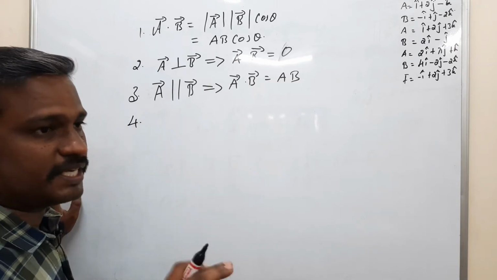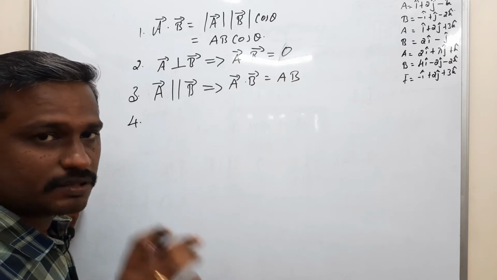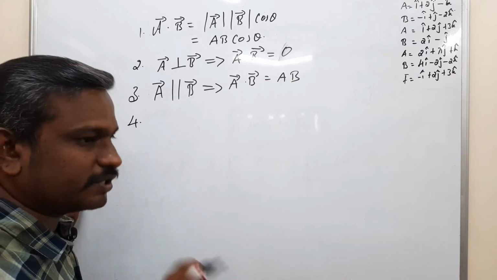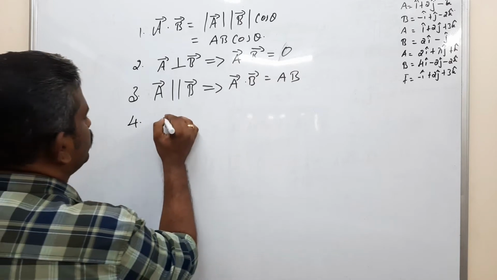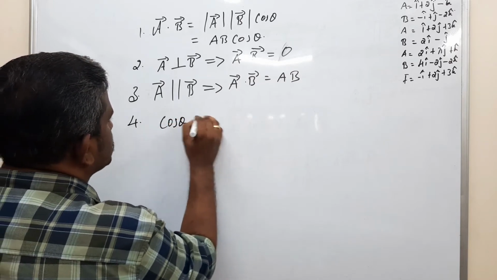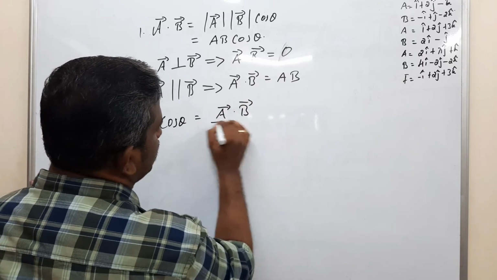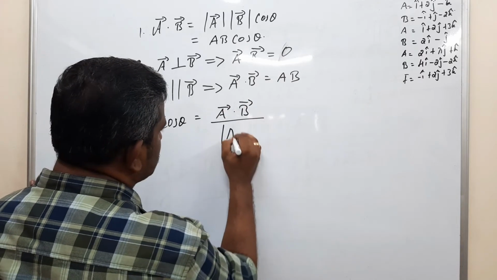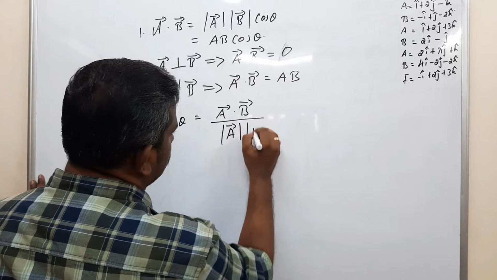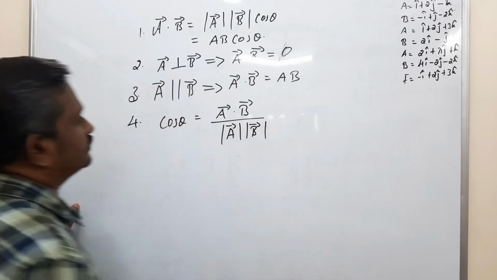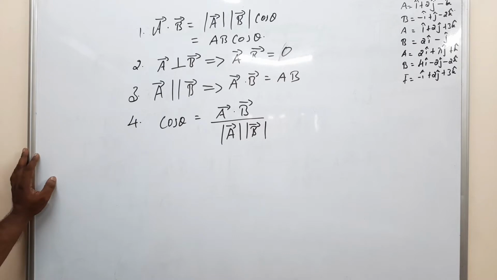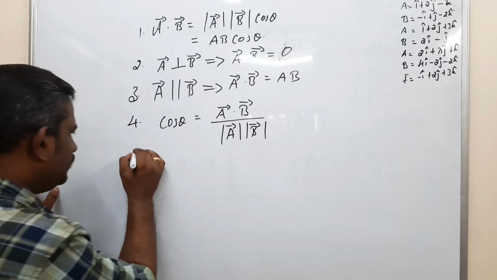If theta is the angle between the two vectors, the cosine of the angle theta can be found using the formula cos theta is equal to A vector dot B vector divided by modulus of A vector modulus of B vector. So this is the formula to find the angle between two vectors.